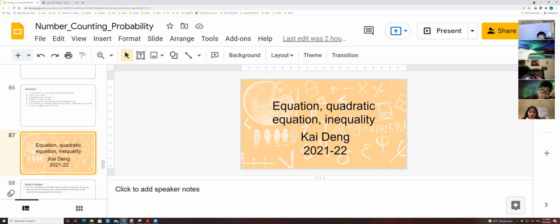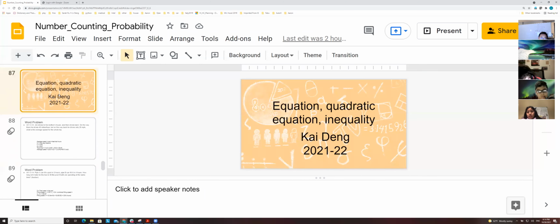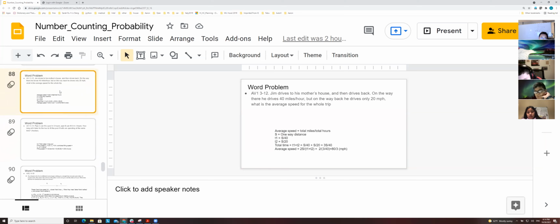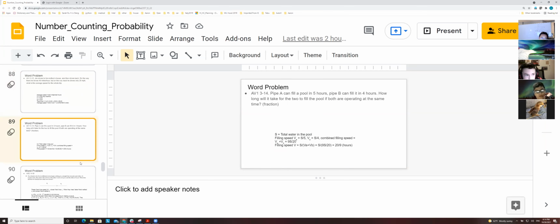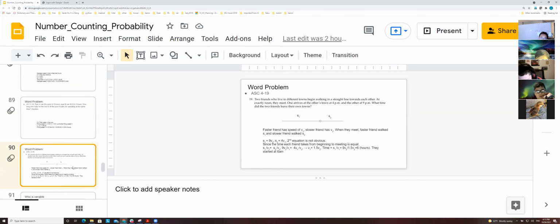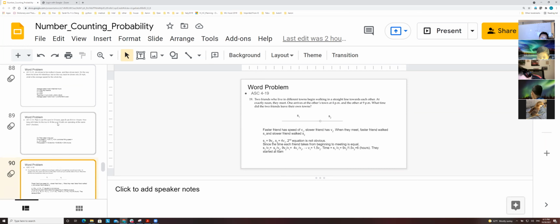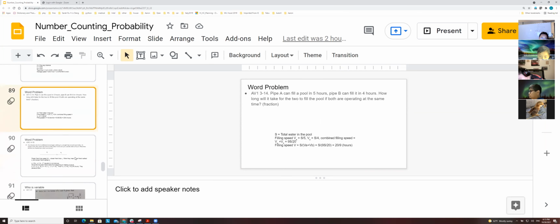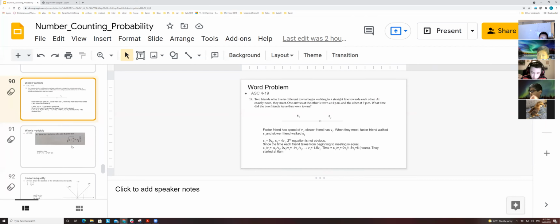We have been able to form equations. If we have time, I'm going to go over some word problems to train your skill of forming equations. But if we don't have time, I'm going to leave this to your homework, okay?